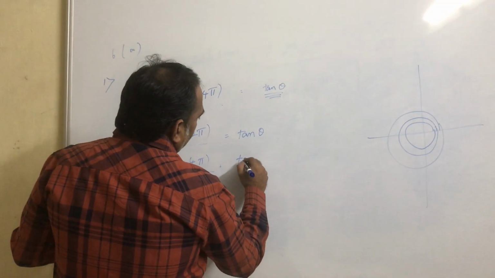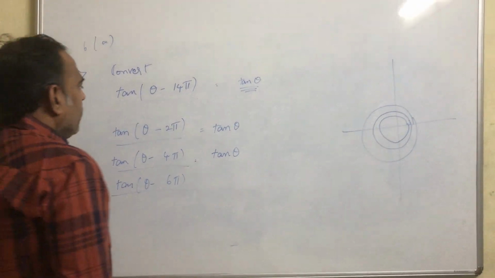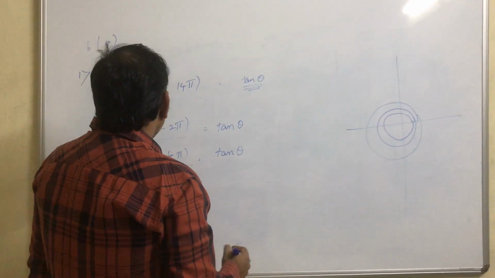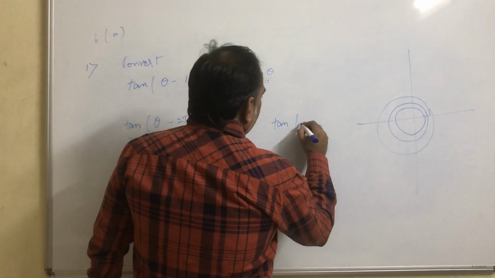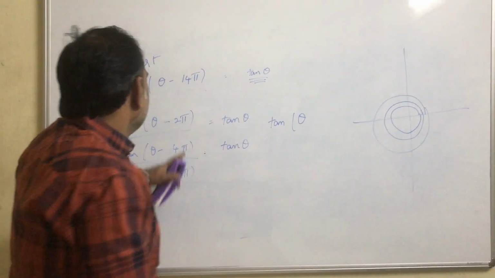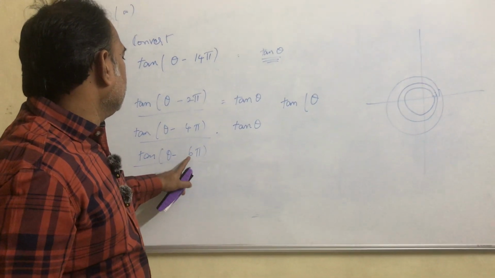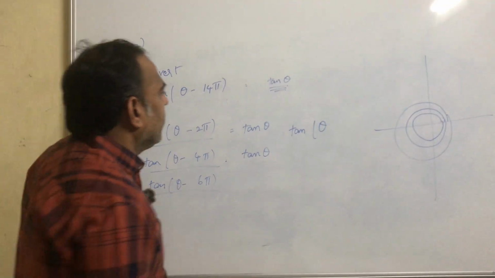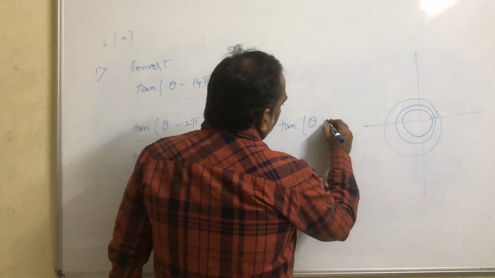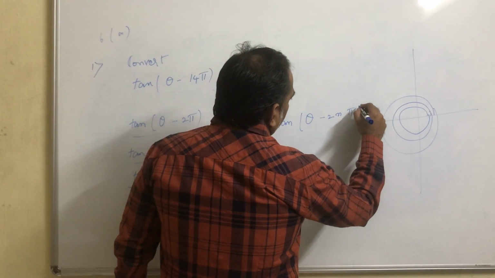Just now we derived that one, right? So if we generalize this formula, in this case tan theta, this is 2, this is 4, this is 6, this is 14, so all even numbers, right? So theta minus 2n into pi.